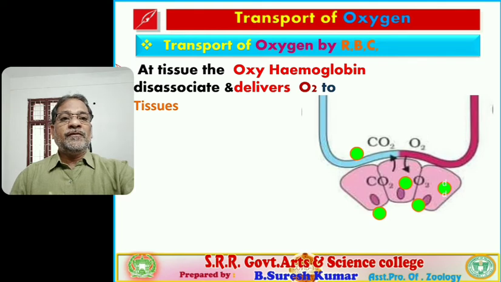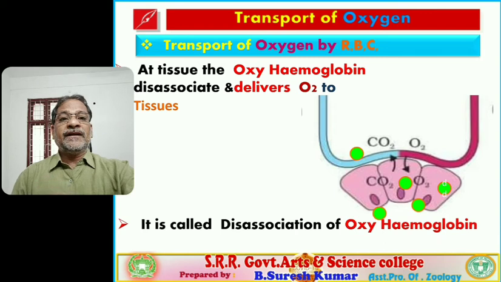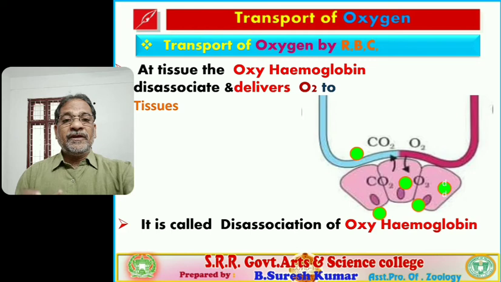At the tissue, the formed oxyhemoglobin dissociates and delivers oxygen to the tissue. So oxyhemoglobin dissociation occurs in tissue. At the alveoli, the hemoglobin is going to saturate, to oxygenate, but in tissue, the reverse phenomenon occurs.